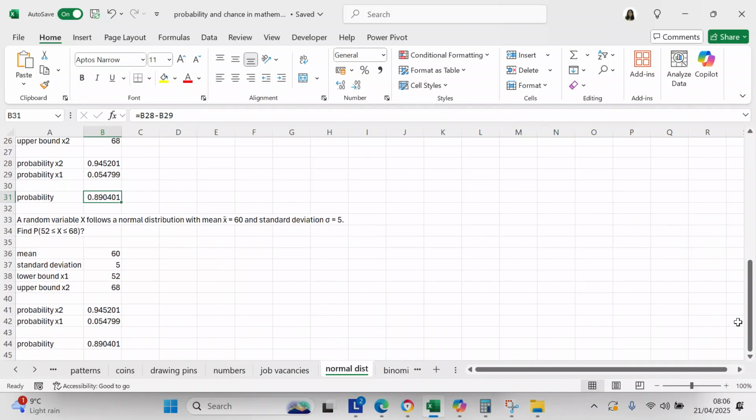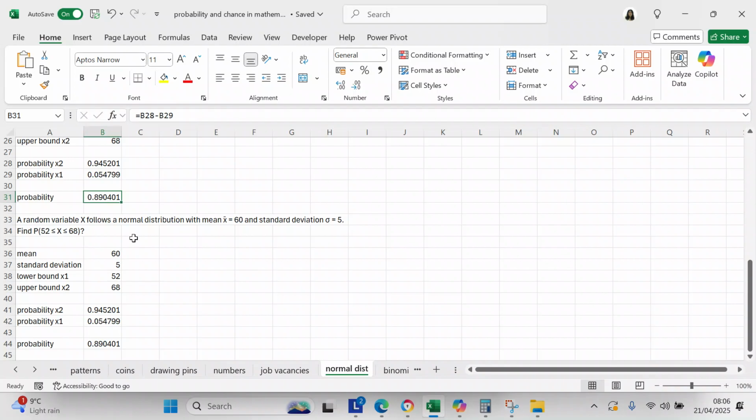So we have our last question regarding the normal distribution. A random variable x follows a normal distribution with a mean x bar equals 60 and standard deviation is 5. And then it's done that all over again, so I'm not going to do it. I think what has happened is that one of the exercise questions became one of the assessment questions.